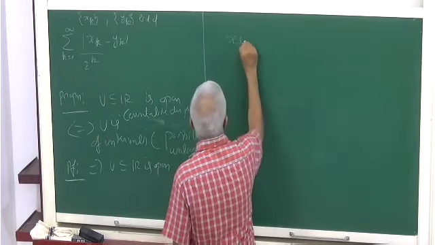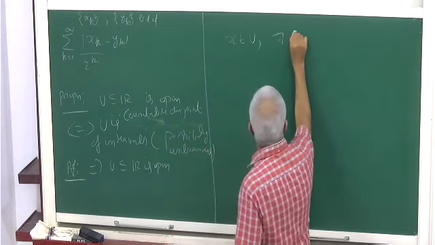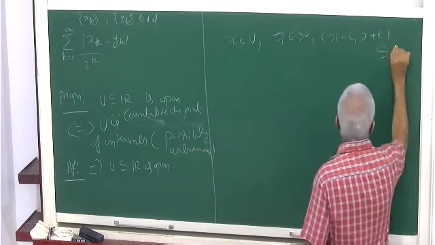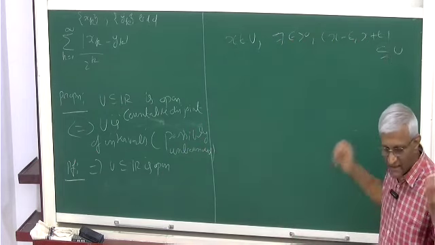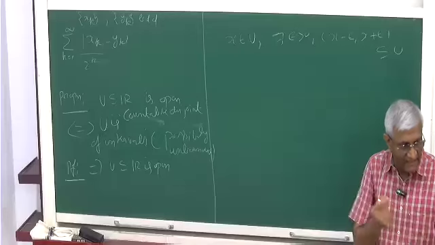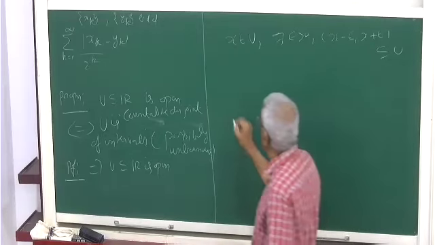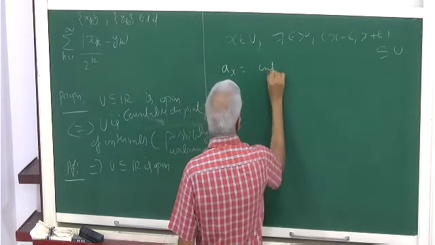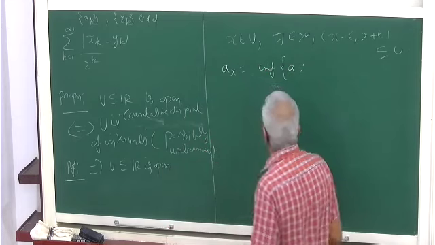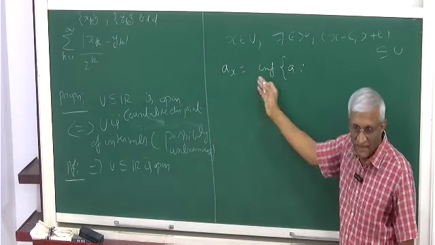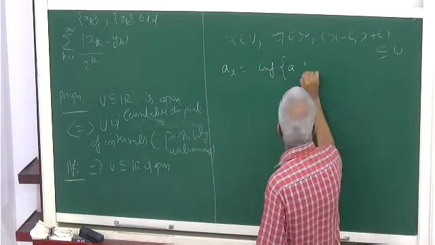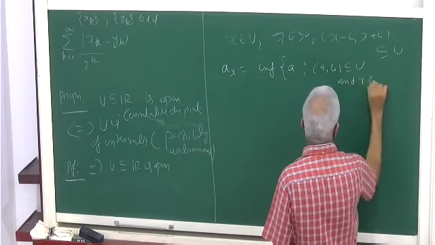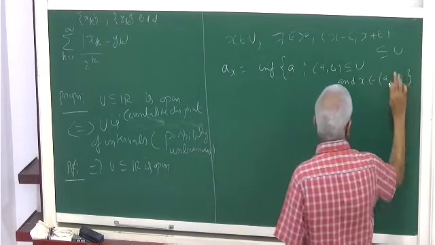If we have an x in U, then of course there exists epsilon greater than 0 such that (x minus epsilon, x plus epsilon) is contained in U, which is true. So there exists an open interval which contains x and which is contained in U. I define Ax to be the infimum of all those A, which can be minus infinity, such that (A, B) is contained in U and x is in (A, B).